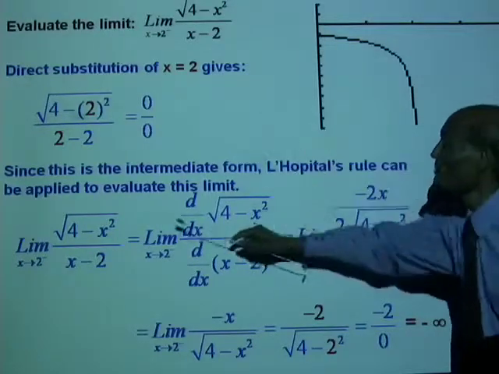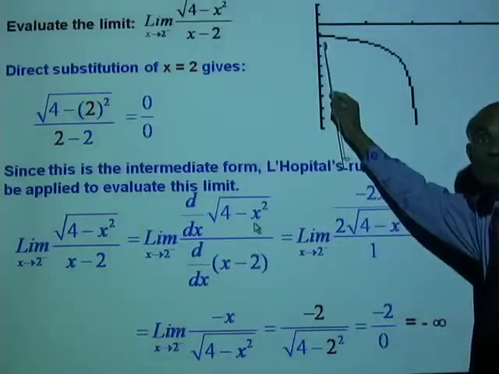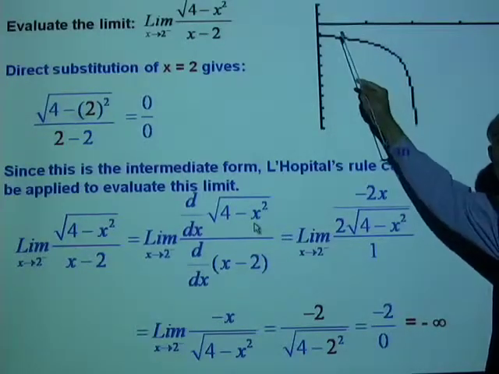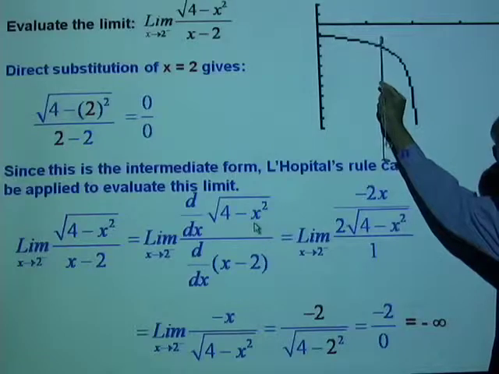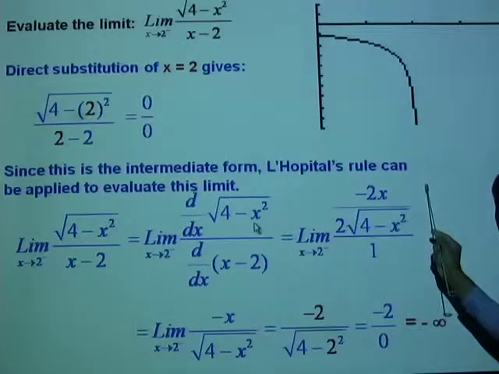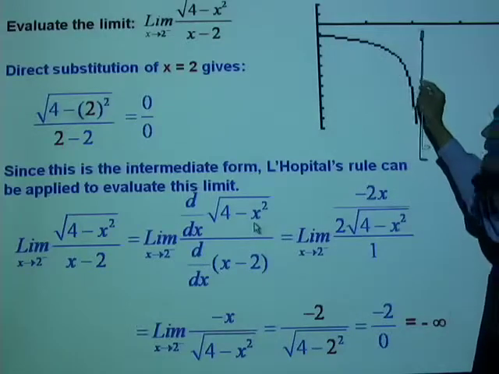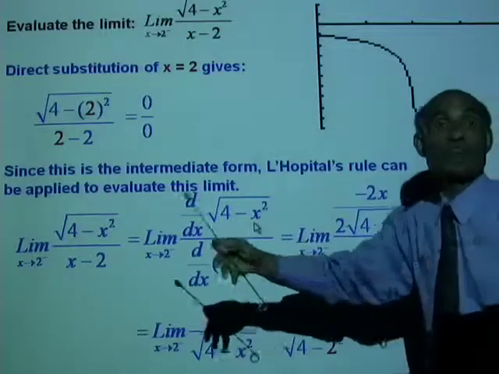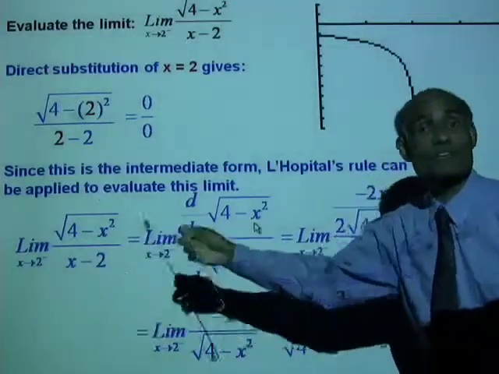This is the graph of this function as x approaches 2 from the left. This is x equal to 1, x equal to 2. As x approaches 2 from the left, what happens to the function? It goes to negative infinity. Now, you see why x cannot approach 2 from the right, because the function is not defined for x greater than 2.